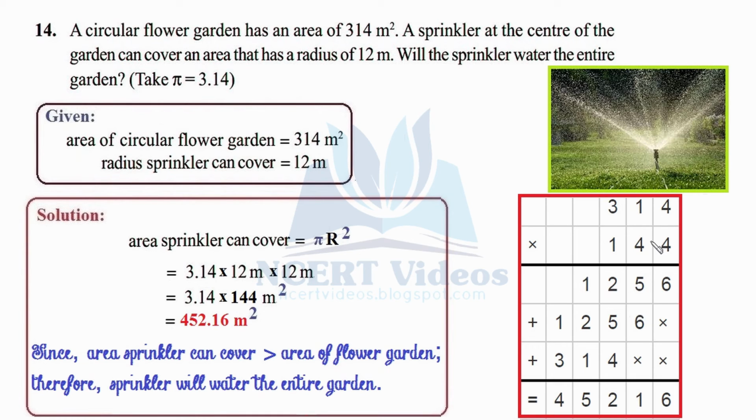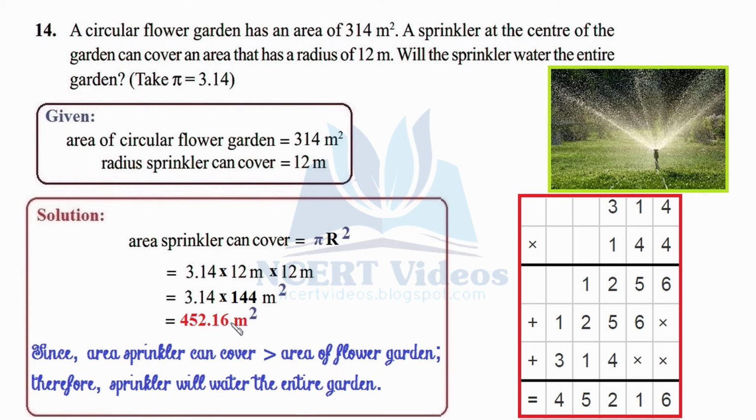Multiplication, 4 times 4 is 16, again the same thing, because we are again multiplying with 4, so you can write it straight away, 1 2 5 6. Now 2 crosses, anything multiplied with 1, so 314, add it, 6, 11, 9, carry 1, 10, plus 2 is 12, 2 plus 2 is 4, carry 1, 5, 3 plus 1 is 4. So 452 and 16, count the decimals, 2, so put it here.